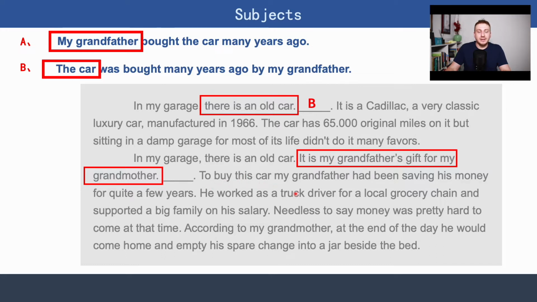Okay, so this is an infinitive phrase, right? So this is a phrase. This is not the subject. So to buy the car, my grandfather had been saving. Okay, so my grandfather is the subject here. So obviously the focus in this paragraph is shifting to the grandfather. So the answer here would be A.